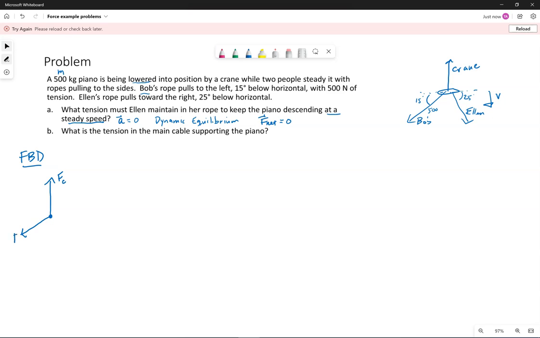I'm going to call this F sub B, force of Bob. We do know this force is 500 newtons, and the problem tells us that this force is angled 15 degrees below the horizontal. Ellen, we're trying to find out how hard Ellen is pulling. We do know the angle.